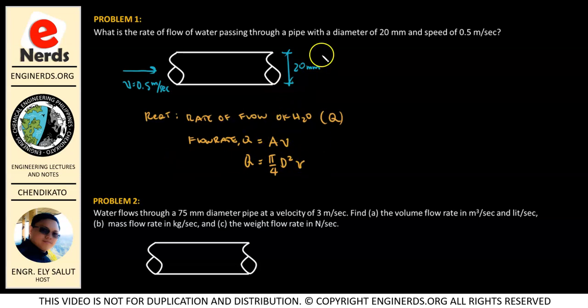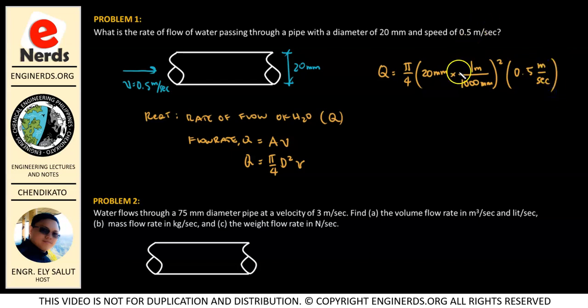Okay, so using this equation, our Q is equal to pi over 4 times our diameter of the pipe, which is 20 millimeter. We're going to convert that to meter. So, 1,000 millimeter to 1 meter. We're going to square that and multiply to our velocity, which is 0.5 meter per second.